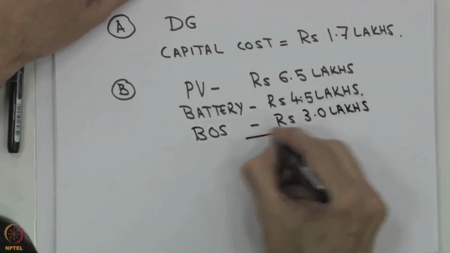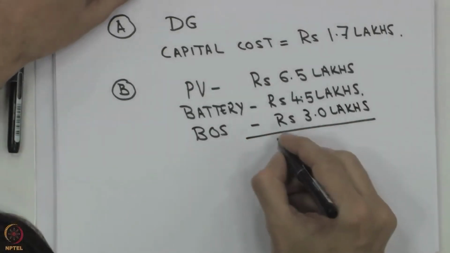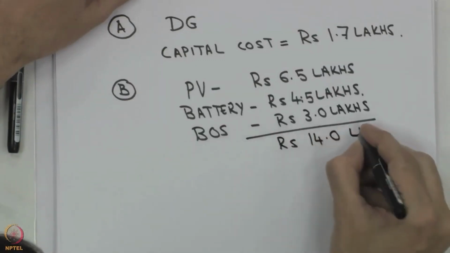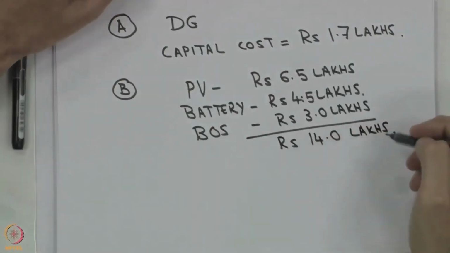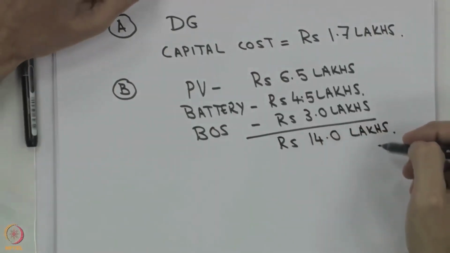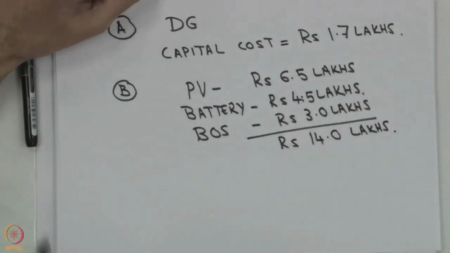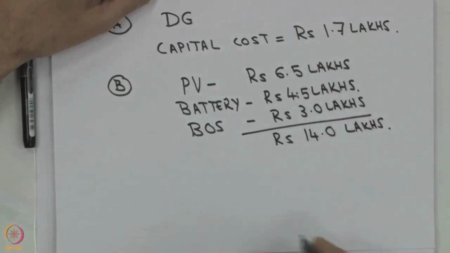So, let us just add this up. This is coming to rupees 14 lakhs. So, you should note that the capital cost in case B is 14 lakhs as compared to 1.7 lakhs for the case A. So, what is the difference?